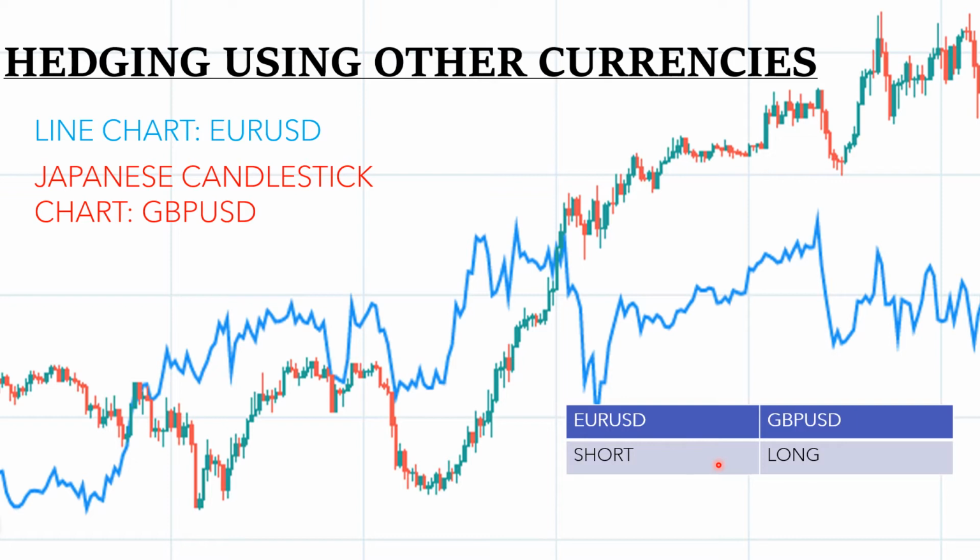But hedging with more than one currency pair brings its own types of risk. If you were to trade this example, you would obviously hedge your exposure to the dollar. However, you've opened yourself up to a short exposure on the pound and a long exposure to the euro.